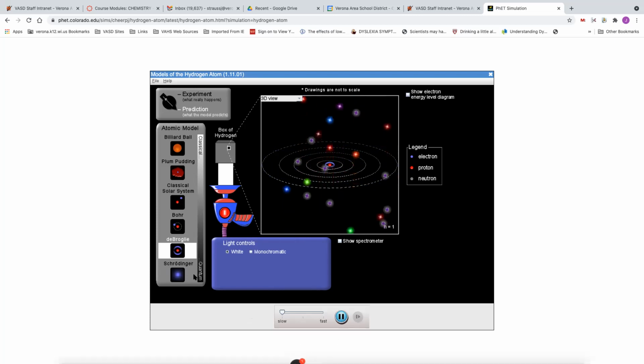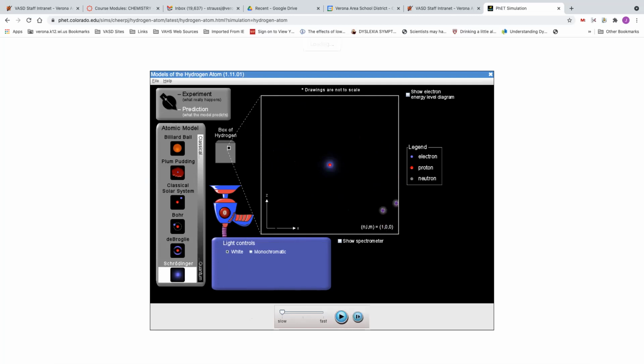And if you incorporate both the wave and particle properties, we get Schrodinger. So what you see here is the probability graph. That's the 1s.